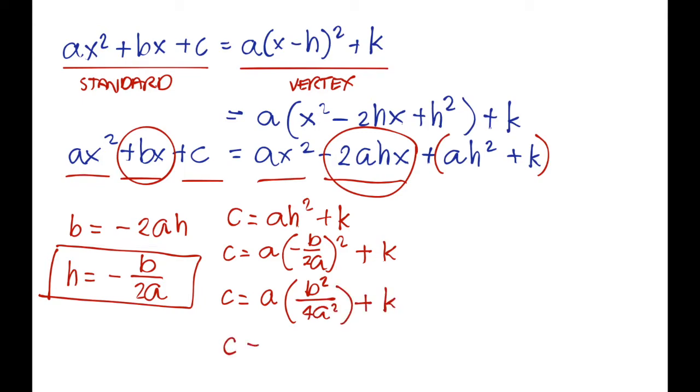So simplify, this becomes, because this one is cancelled out, b squared over 4a this time plus k. And again, since we need the equation for k, it will become k is equal to c minus b squared over 4a.